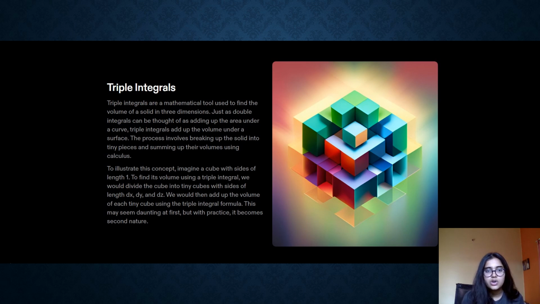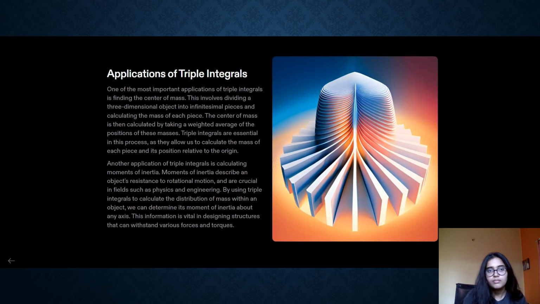To illustrate this concept, imagine a cube with sides of length L. To find its volume using a triple integral, we would divide the cube into tiny cubes with sides of length dx, dy and dz. We would then add up the volume of each tiny cube using the triple integral formula. This may seem difficult at first, but with practice it becomes second nature.